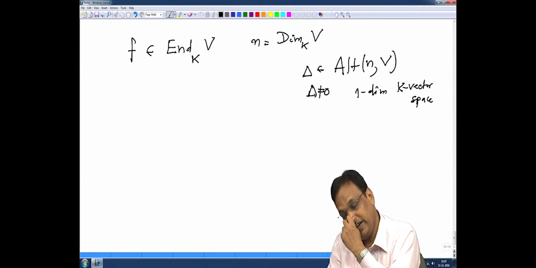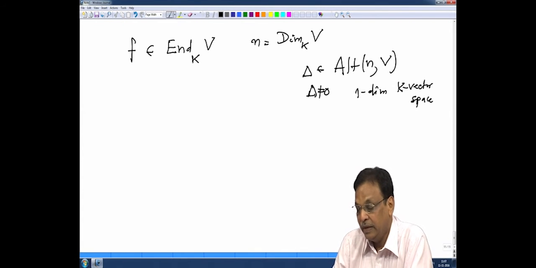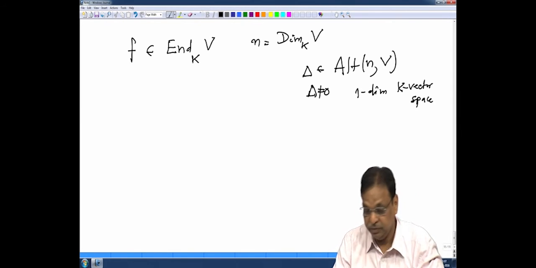Any non-zero vector in a one dimensional vector space is a basis of that vector space. And we have enough recipes for non-zero alternating n-multilinear forms on V. In fact, each basis will give such. That was the main theorem of determinant functions.